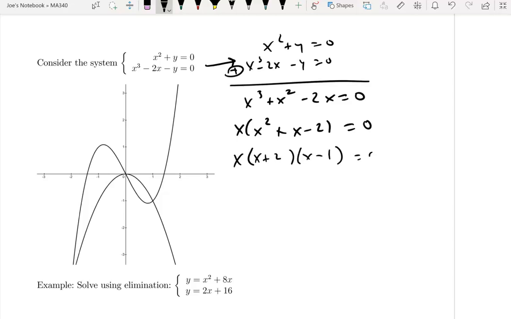Good. x plus 2, x minus 1. So what three solutions do you see from this equation? Good. 0, negative 2, positive 1. That's exactly right.